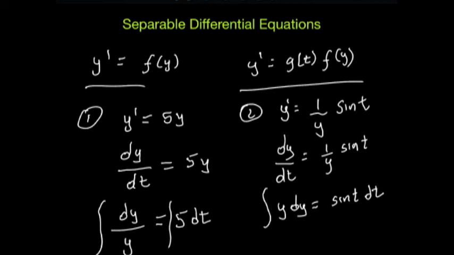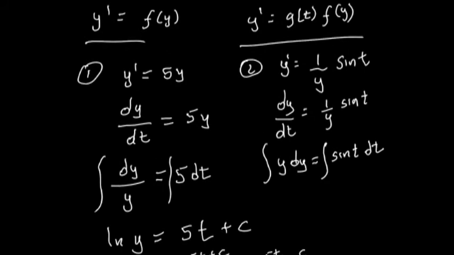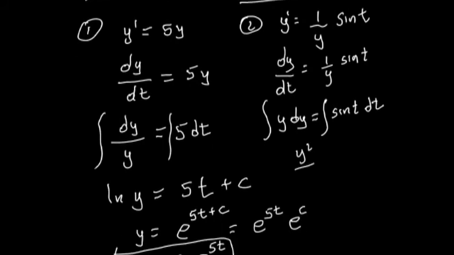If we integrate now on both sides, we will have y squared over 2 equal the integral of sine of t, which is negative cosine of t, plus c.